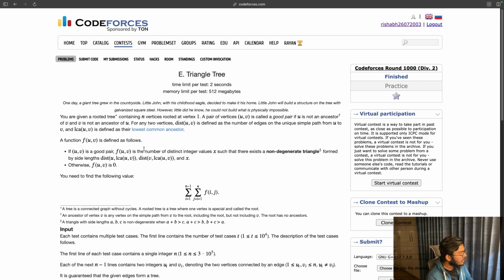You are given a rooted tree containing n vertices rooted at vertex 1. A pair of vertices u and v is called a good pair if u is not an ancestor of v and v is not an ancestor of u. For any two vertices, distance of u v is defined as the number of edges of the unique simple path from u to v, and LCA is defined as the lowest common ancestor. So these are the basic definitions.